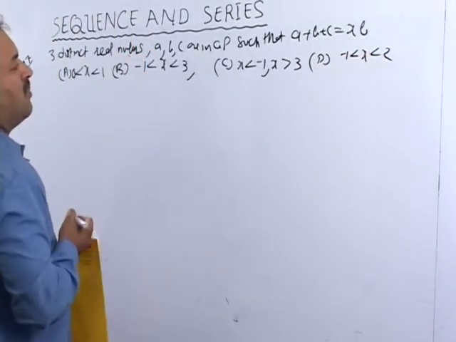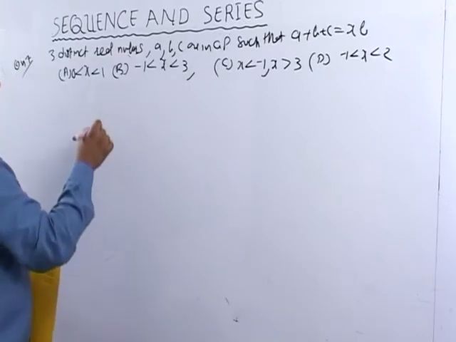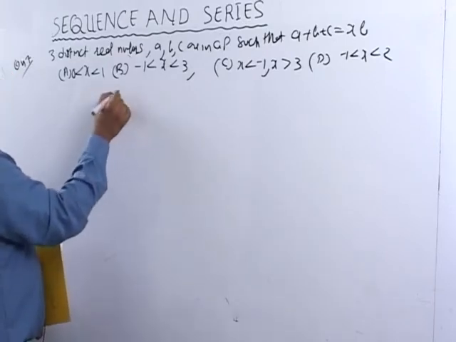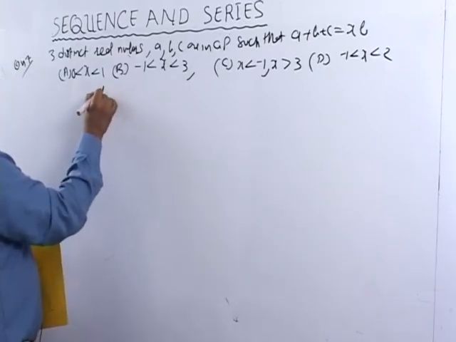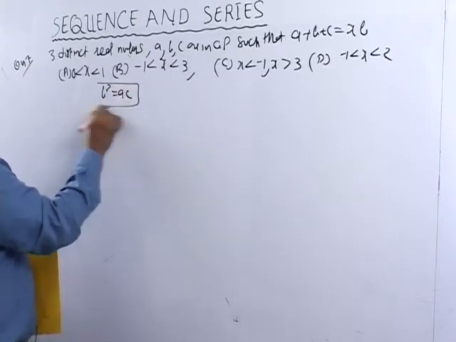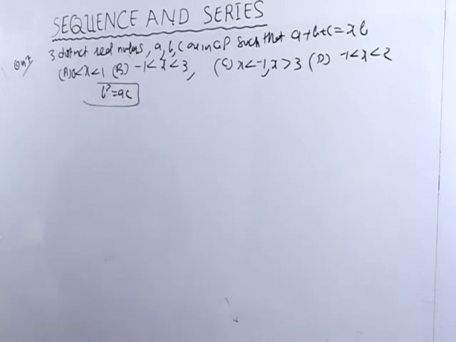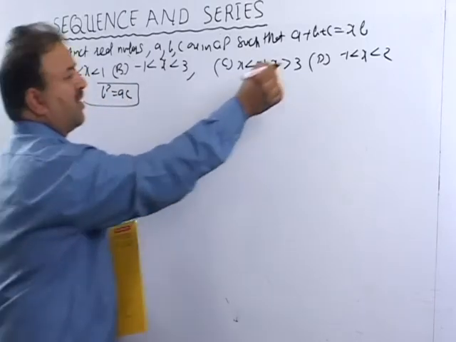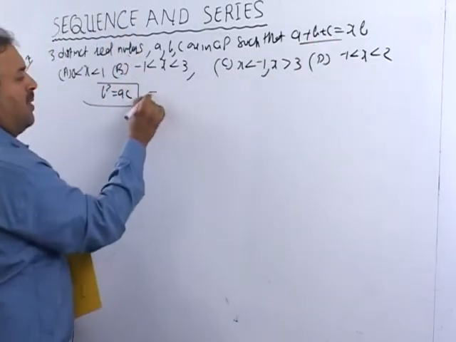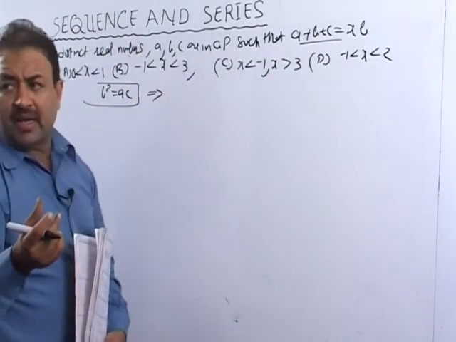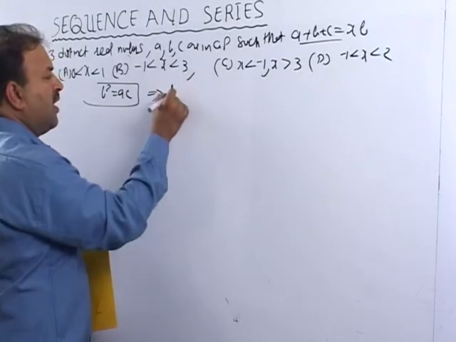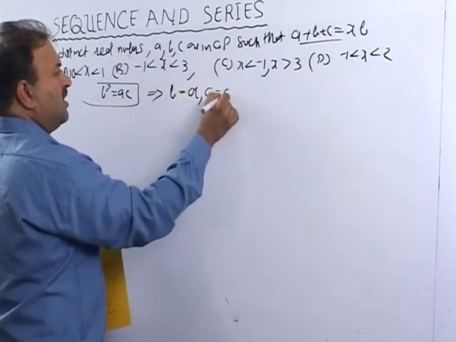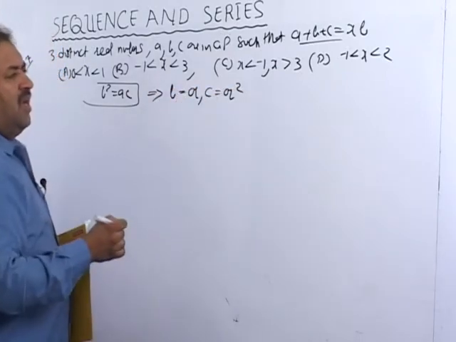So three distinct real numbers A, B, C are in GP. And it comes out to be, B square is equal to AC. But we have been given this relation, which means हमें क्या करना पड़ेगा, जैसे पिछले क्वेश्चन में अप्लाई कर रहे हैं, क्या अप्लाई कर रहे हैं, B is equal to AR and C is equal to AR square.